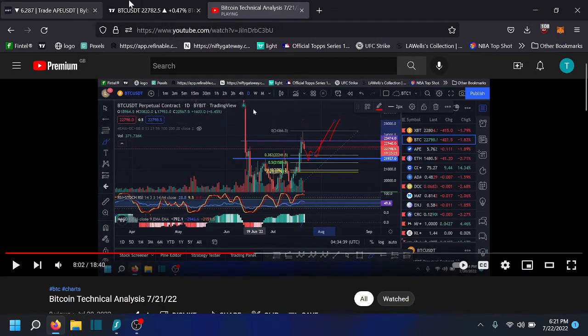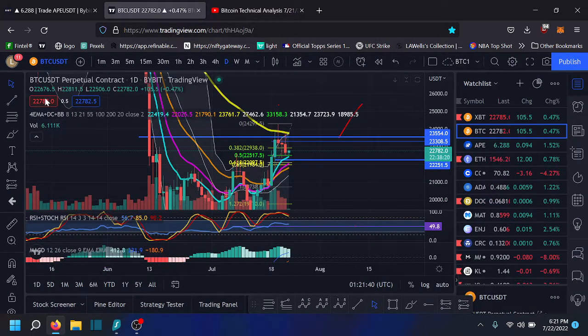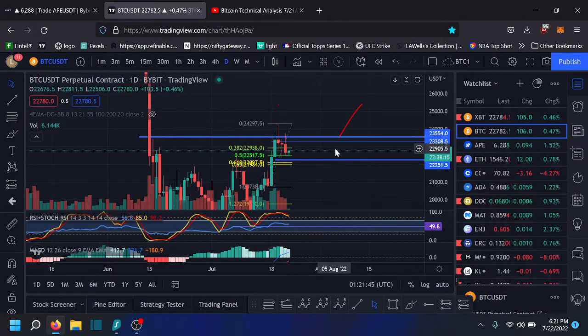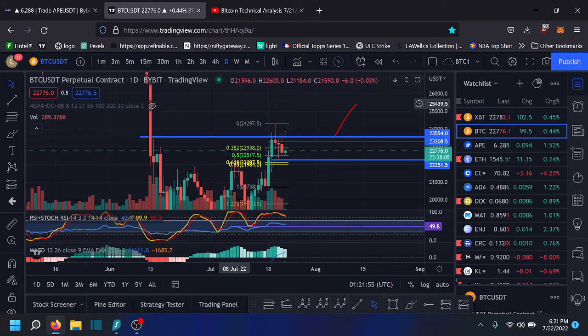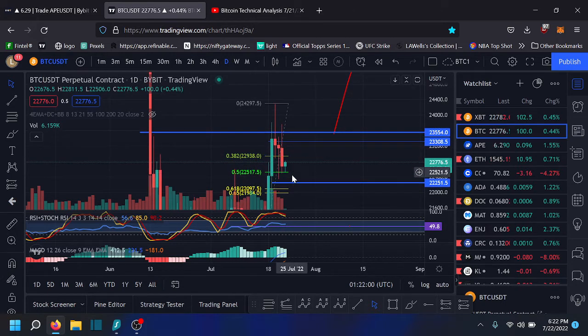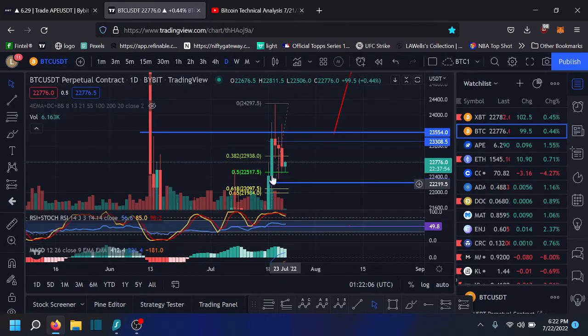Okay, so I'm going to pause it there, and I want to go to where we're currently at. I'm going to remove these exponential moving averages just so you guys can see where I was talking about exactly, to the point where it said the 0.5 Fibonacci extension. We might have really strong support here, and possibly even wick here, but we must bounce off this point.